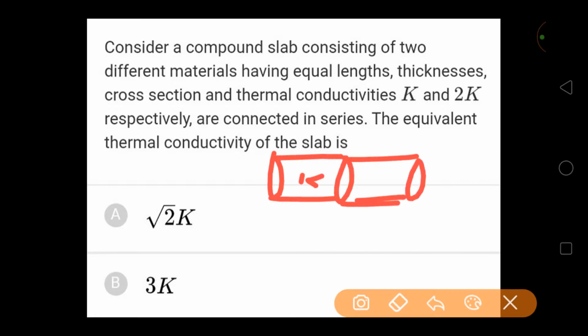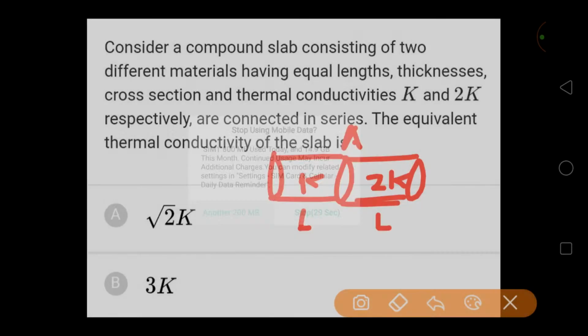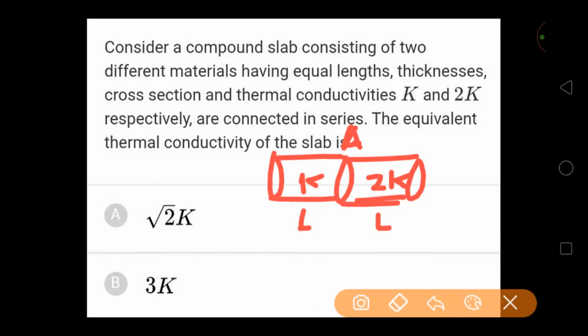This is K, this is 2K. So length is L, here also L. Cross sectional area is A for both. They are connected in series. What is the equivalent thermal conductivity?